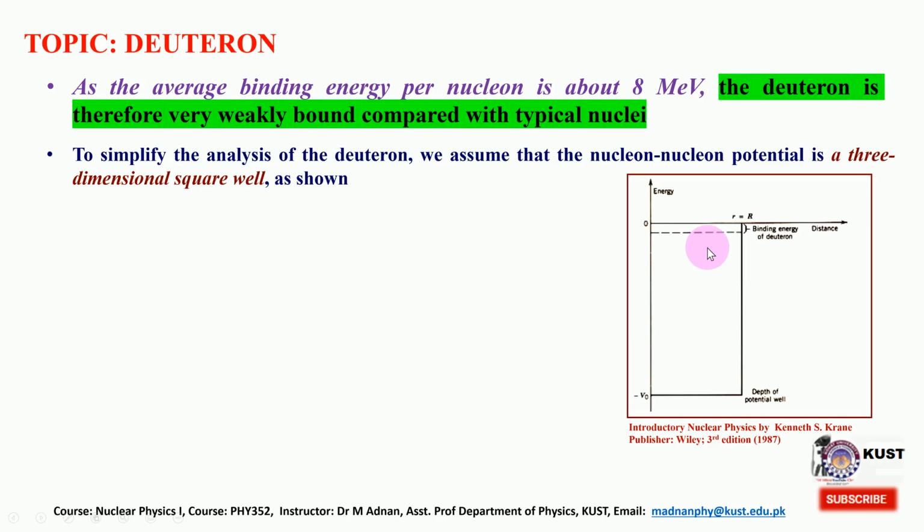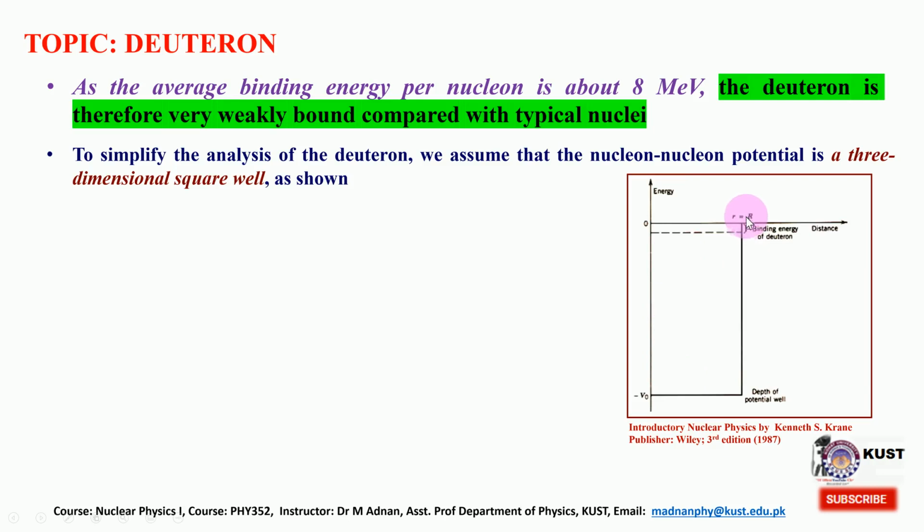Once the proton and neutron of the deuteron nucleus are separated by a distance more than the diameter of the nucleus, they will not feel that potential, which is due to the strong nuclear force.